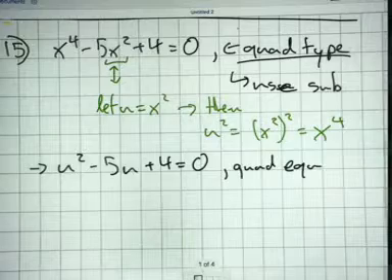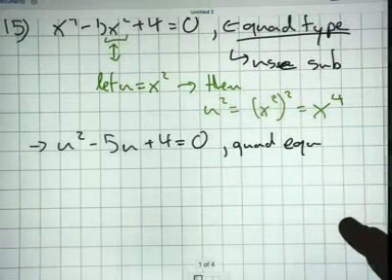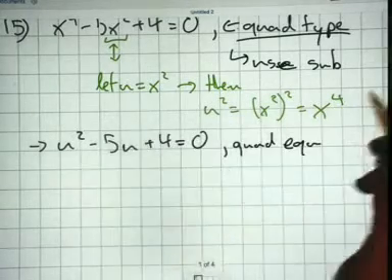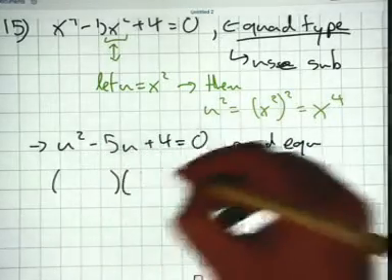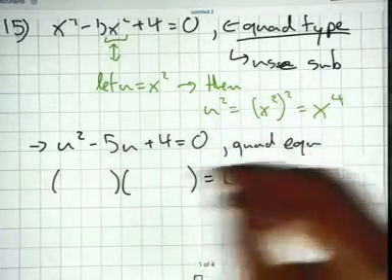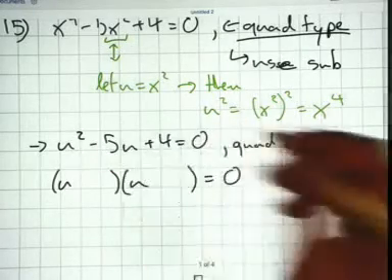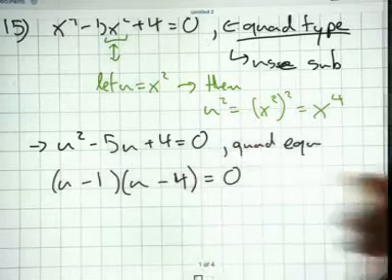Now, these are engineered to be solved rather efficiently. And I'd say an efficient way for solving this would be to factor. Factors of 4 that add up to -5, how about a -1 and a -4?